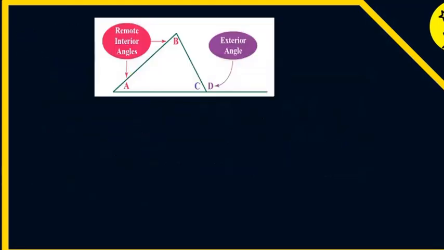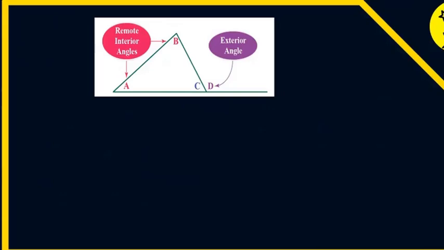Angle A and angle B are the remote interior angles. Take note, the remote interior angles can be seen on the same side of the triangle, or the angles are corresponding in one side. Then, on the outside, the base that we have, AC, the line is extended to the outside.